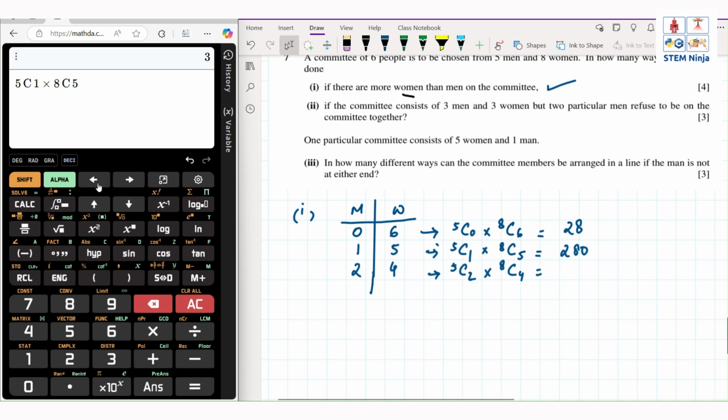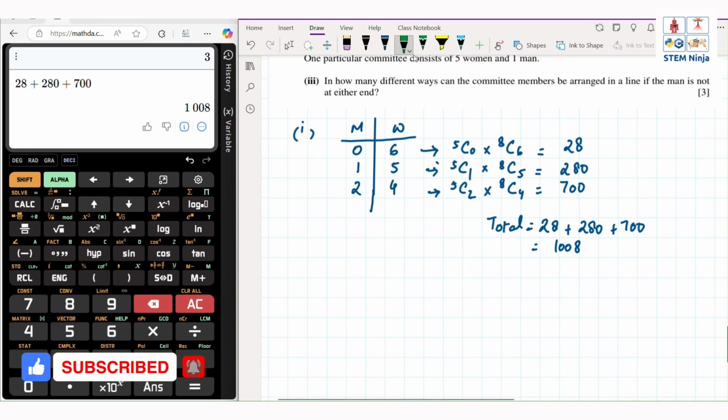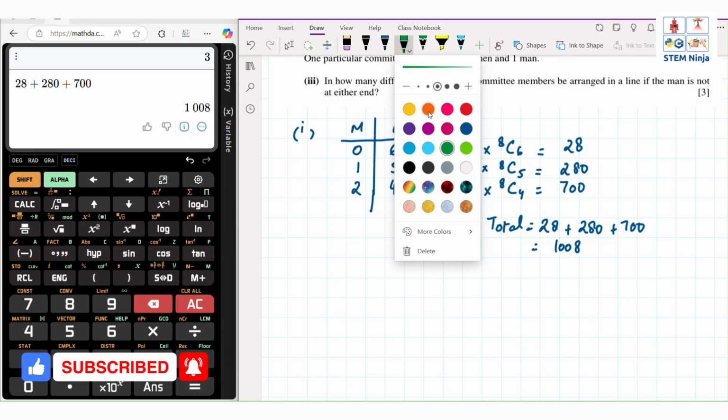And then we have 5C2 times 8C4. All right, so 700. Now we just add them together. So 28 plus 280 plus 700 adds up to 1008.